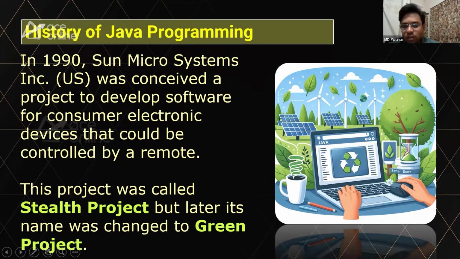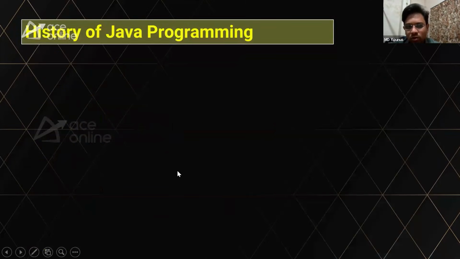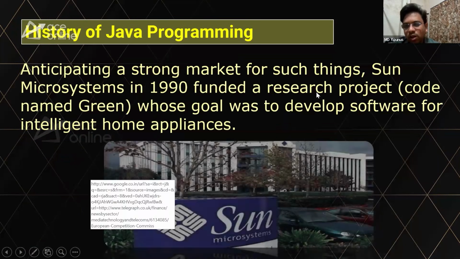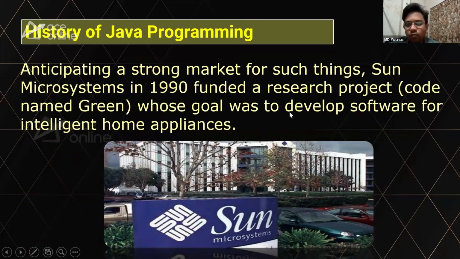You may get this question in interviews as well as in your academics: what was the project Sun Microsystems started? It was called the Stealth Project, and later it was named the Green Project, a very popular project. The project was all about developing software for intelligent home appliances.